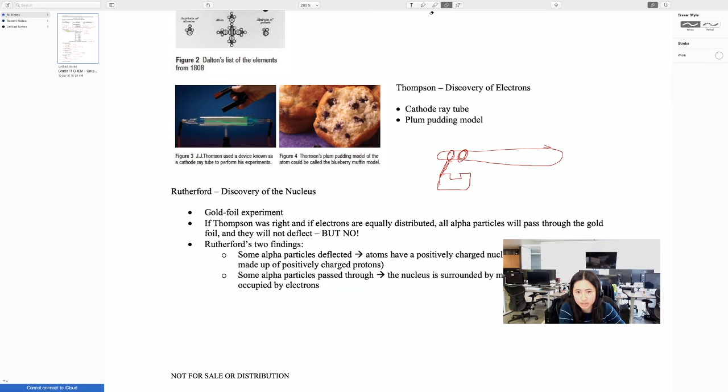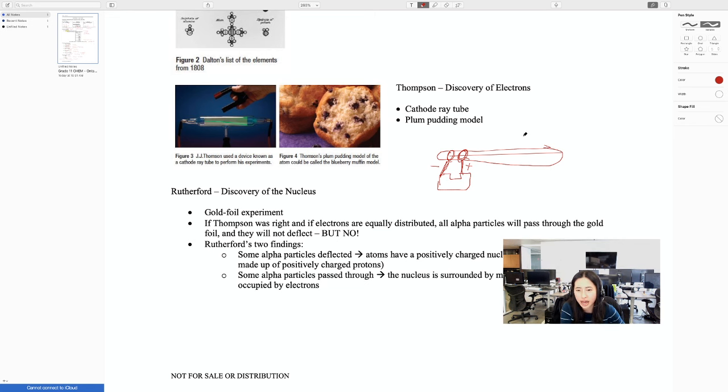Let me just show that it's really connected. So he has this source right here, which is the power source, and then there are 2 metal plates. And then he noticed that this started creating a beam of light, going in this direction, sort of slanting upwards, right? And why is that?